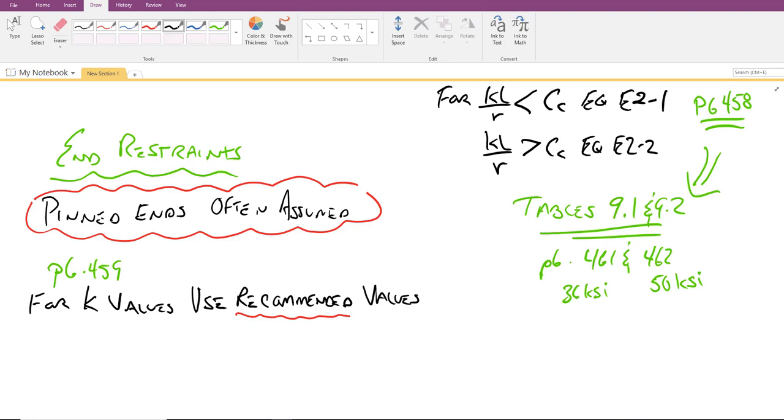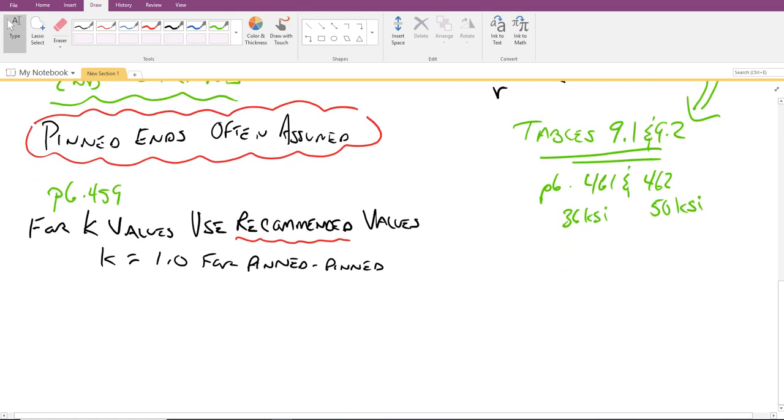That's the value that we used when we used timber. However, the recommended value is closer to 0.65. This accounts for that difficulty in determining the fixity and the way it behaves in the real world. And as a quick reminder, K equals 1.0 for pinned. If we were going to be conservative and assume pinned, as we discussed just a moment ago, then the K value would always be equal to 1.0.